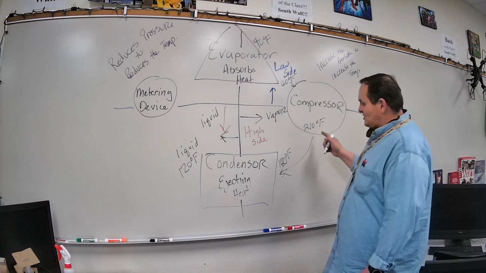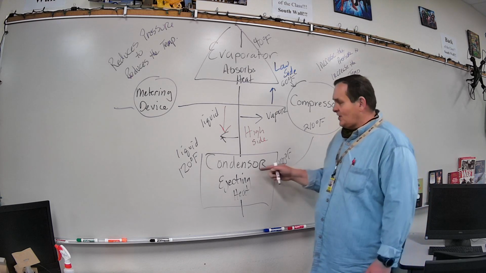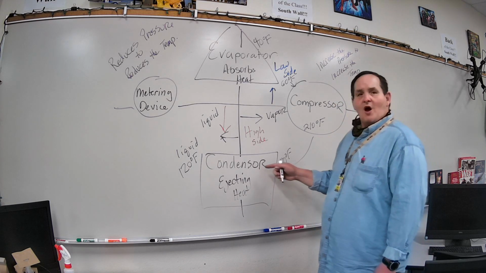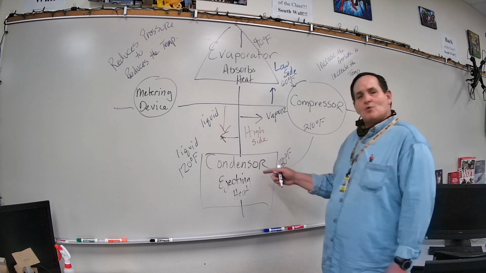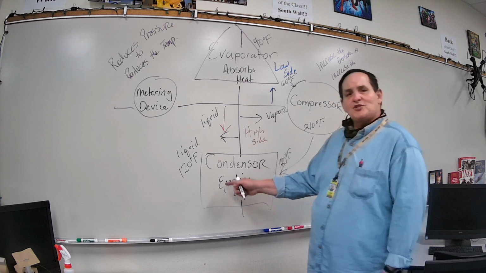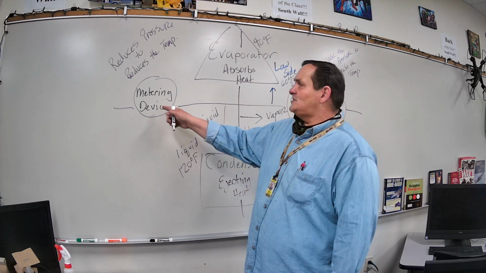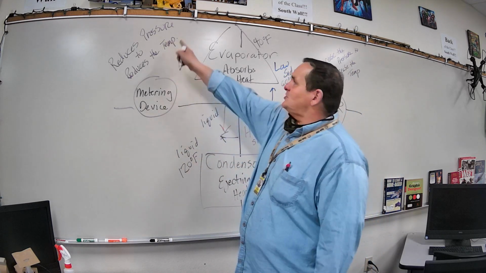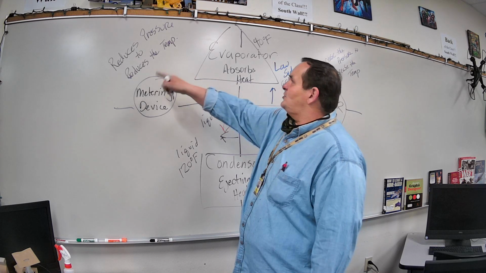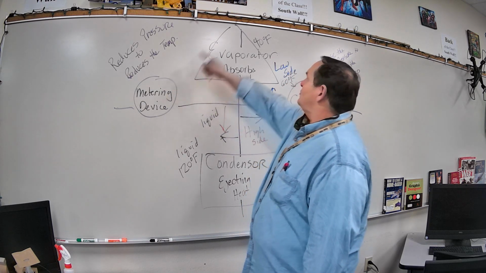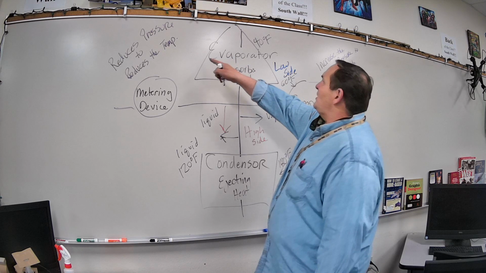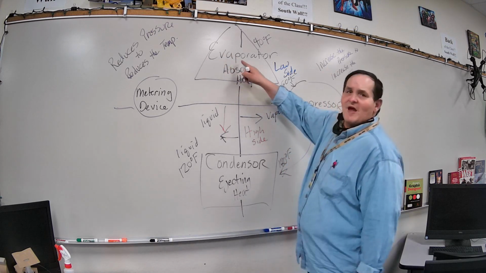Then that high pressure, high temperature gas goes into the condenser, which cools off the refrigerant and makes it into a liquid. It comes out a high pressure, high temperature liquid. The high pressure, high temperature liquid goes into the metering device. Then the metering device reduces the pressure of the liquid to reduce the temperature of the liquid to 40 degrees. That 40-degree liquid refrigerant gets sprayed into the evaporator.